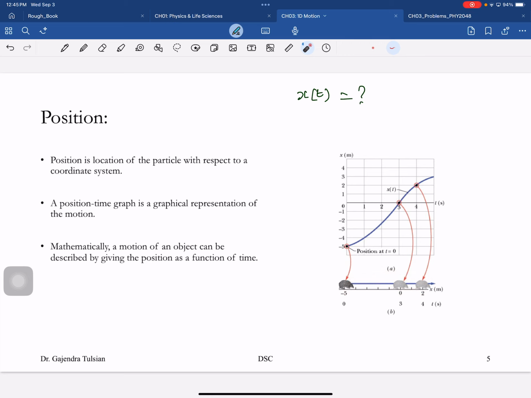But this graph can tell you when the armadillo is going the fastest. You look at this, you can't tell, but you look at this graph, you can. The slope is the steepest at 3 seconds. That's when it's going the fastest, and it's passing the origin at that point, and so on.